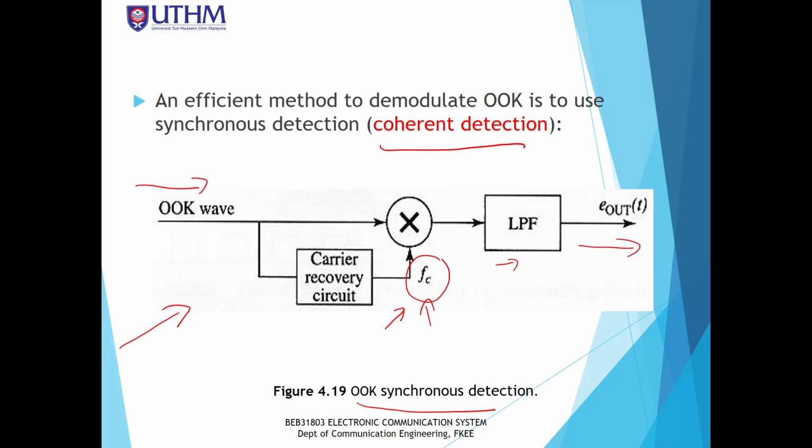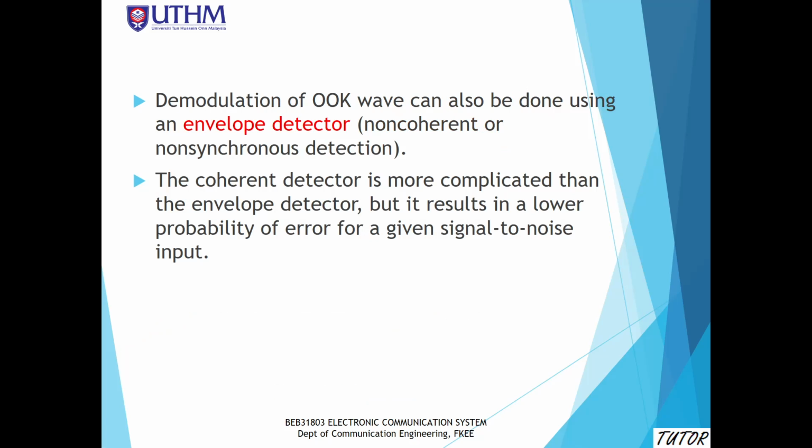So because there is an external input, a carrier element here, it is called coherent detection. If it does not involve a carrier, then it is called non-coherent. So demodulation of OOK can also be done using the envelope detector, or non-coherent. So there is coherent and also non-coherent.